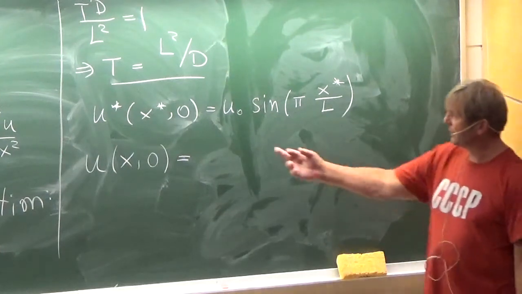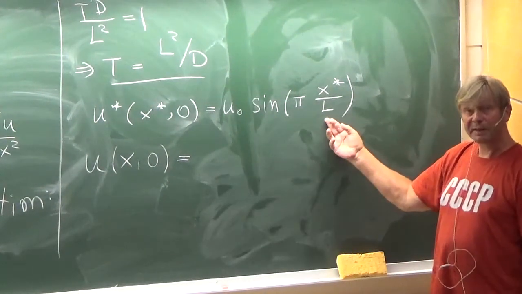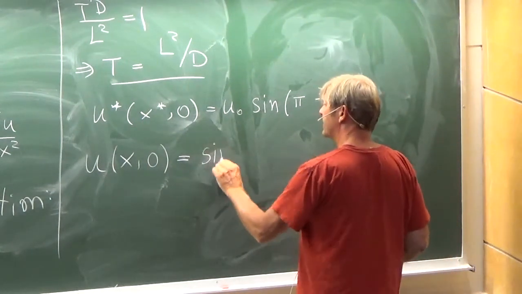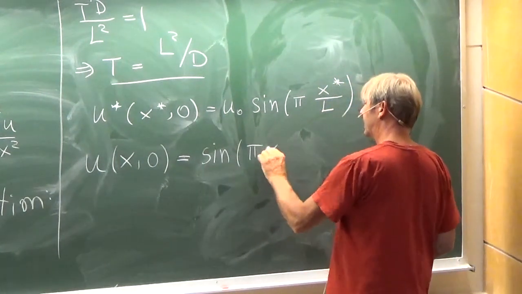Remember, the dimensionless one is u naught times the dimensionless thing, so it will only be sine of pi x.